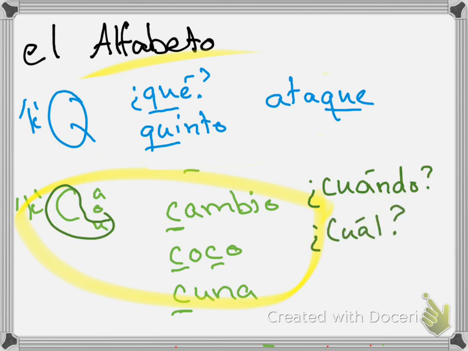The CUA gives me kwa, which you can see if you break it apart, K-U-A, kwa. Cuando, cuál, ataque. See? So those are my special sounds of the alphabet.